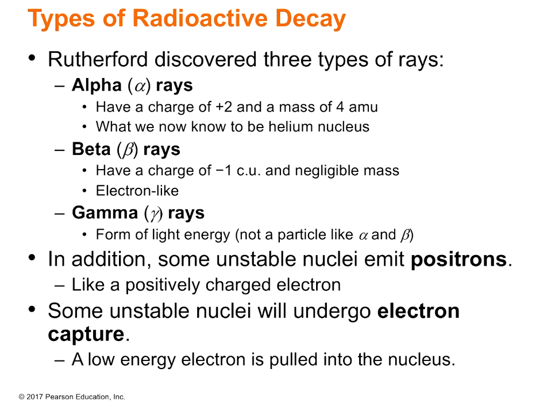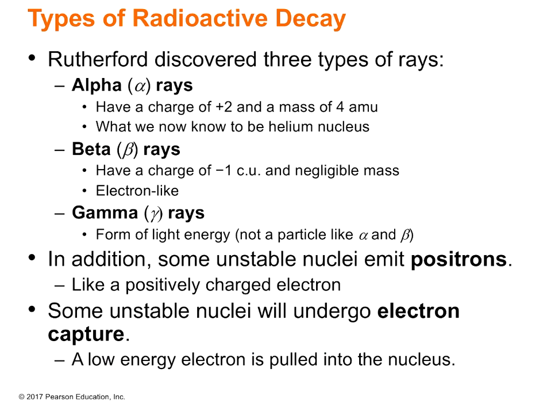Now, in addition to those 3 types of rays for radioactive decay, some unstable nuclei will emit what are called positrons, and these are very similar to a positively charged electron. So it's something that doesn't have mass, but is positively charged. So it's not really like a proton because, again, it doesn't have mass like a proton.